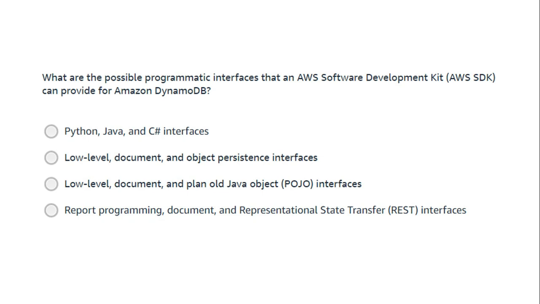What are the possible programmatic interfaces that the AWS Software Development Kit can provide for Amazon DynamoDB? So I am reading the question once again. What are the possible programmatic interfaces that the AWS SDK can provide for Amazon DynamoDB? Let's check the structure.